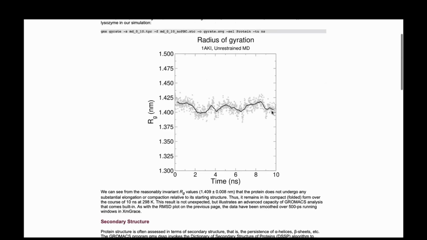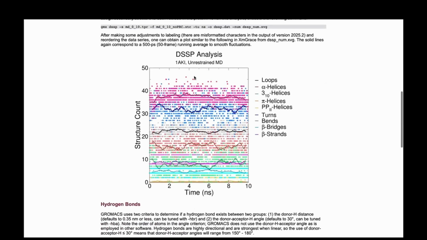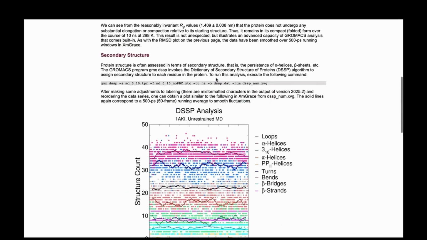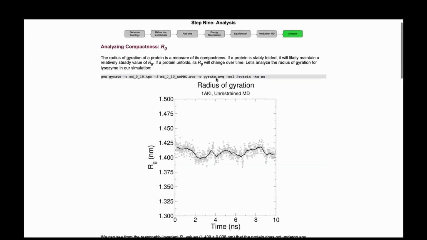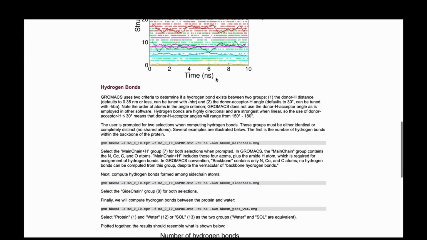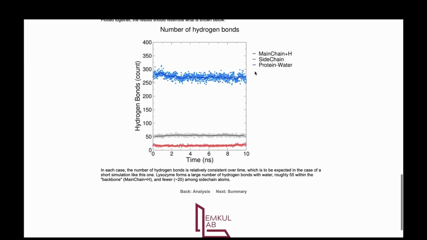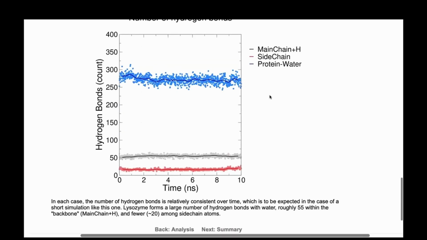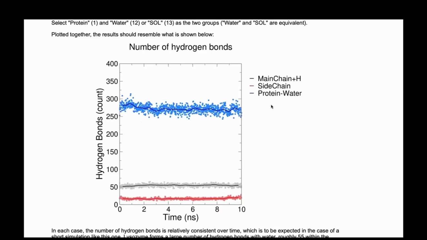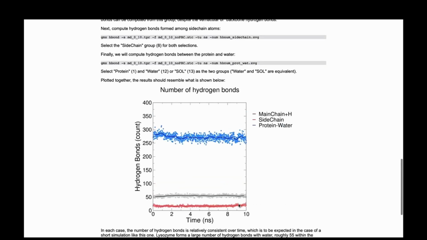Again, the closer to the central line, the better. This is the density secondary structure plot. Then the hydrogen bond plot, showing how many hydrogen bonds are formed, and the side chain and main chain that we need to see in the protein water simulation, what the ideal condition should be is what is given.